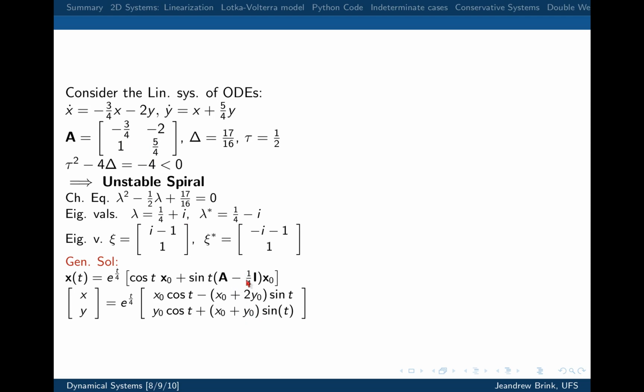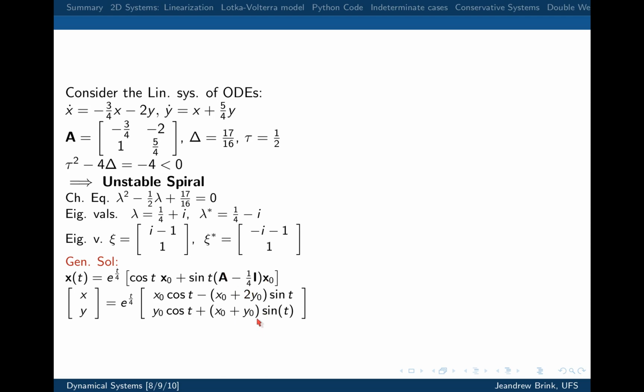Sorry, A minus a quarter I, that will be a half, multiplied by y0. And so you're going to have this combination of constants coming in times sine t. Just be careful: for this last part in front of sine t, you have to multiply out the matrix with x0. That is what we have caught people out on in the past.